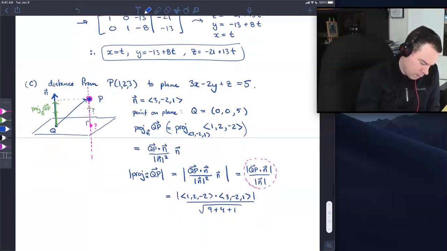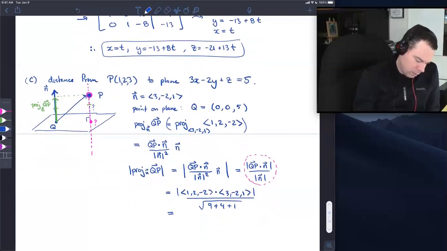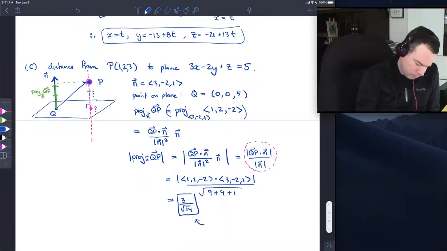And so the dot product gives us 3 minus 4 minus 2, so 3 minus 6, or negative 3 in absolute value, which is 3 over root 14. And that is the distance from P to the plane.